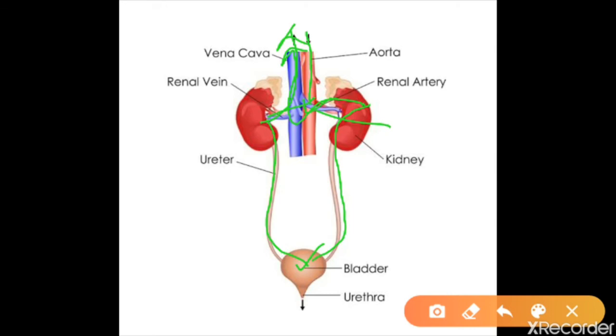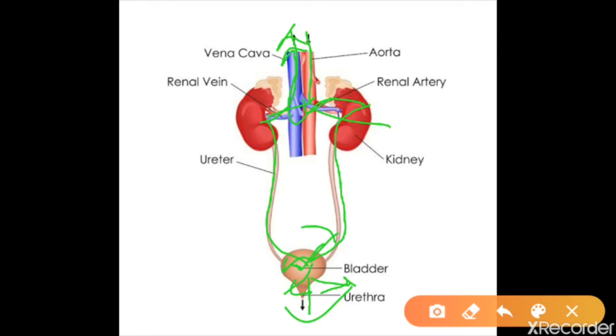The urinary bladder stores the toxic liquid. When the storage is full, it creates pressure in the wall, and we feel we have to move to the toilet for urination. Through the urethra it is removed from the body.